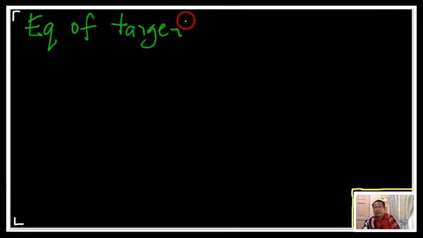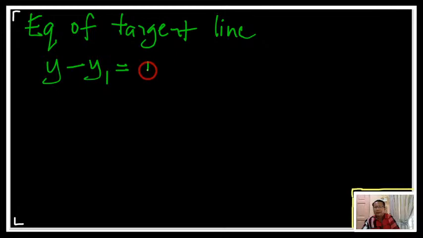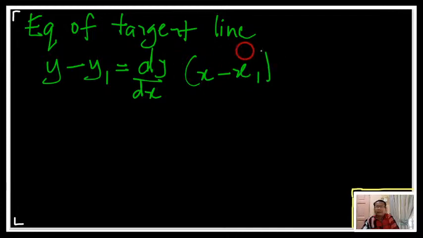Equation of tangent line. You only have one formula: y minus y1 equal to dy/dx times (x minus x1). One formula. Just remember this one formula.